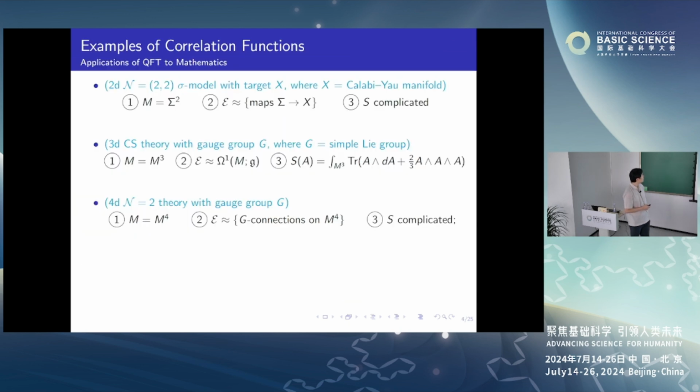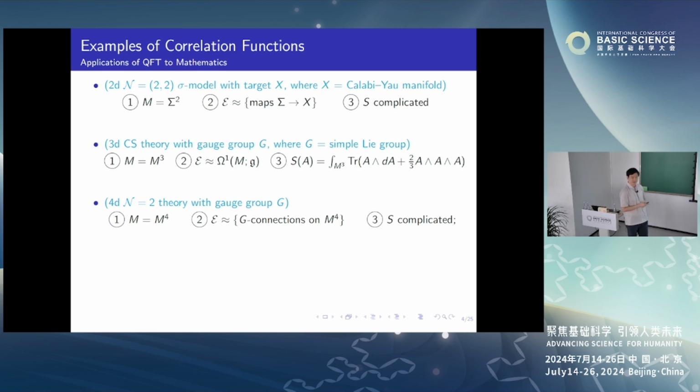Okay, so let me show some examples. These are essentially the most famous examples, as far as applications to mathematics are concerned. I brought three examples: one in 2D, one in 3D, one in 4D. So accordingly, your space-time is a two-dimensional manifold, a three-manifold, a four-manifold.